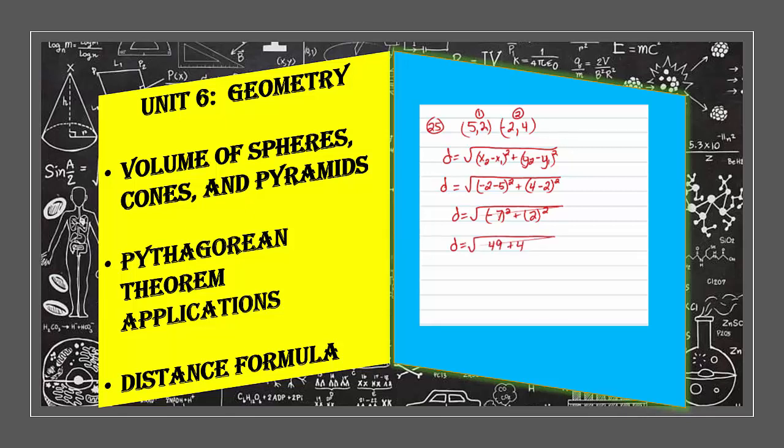So D is equal to the square root of 53. And since the 53 only has factors of 53 and 1, that's as simplified as it can get. We could certainly approximate our solution. Our approximate solution would be D is approximately 7.28 units long.